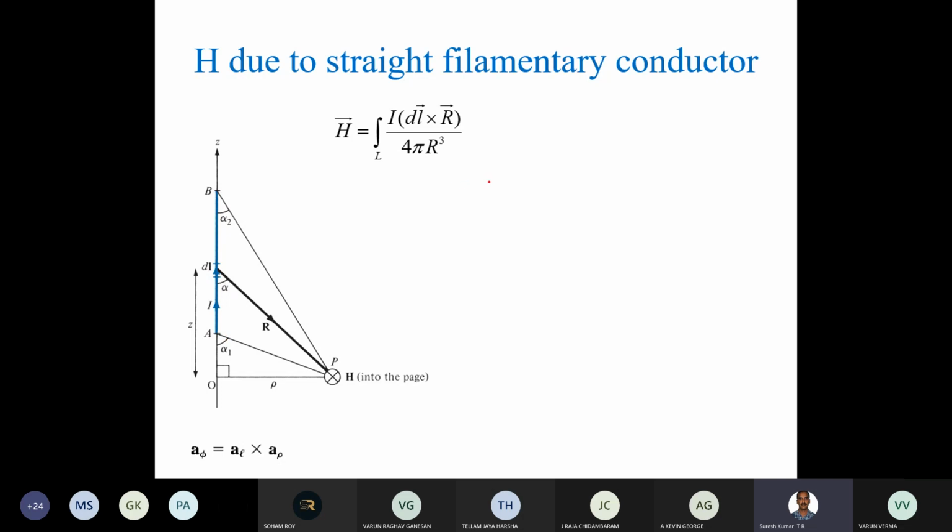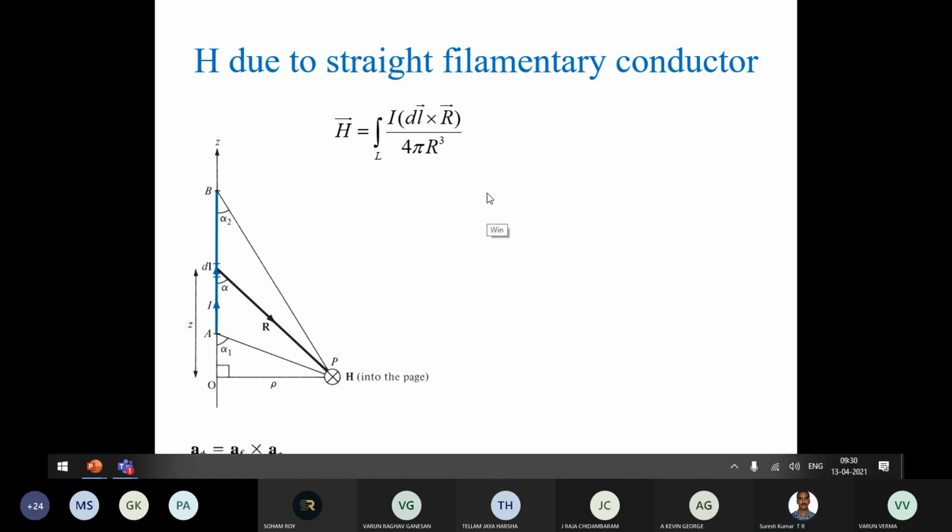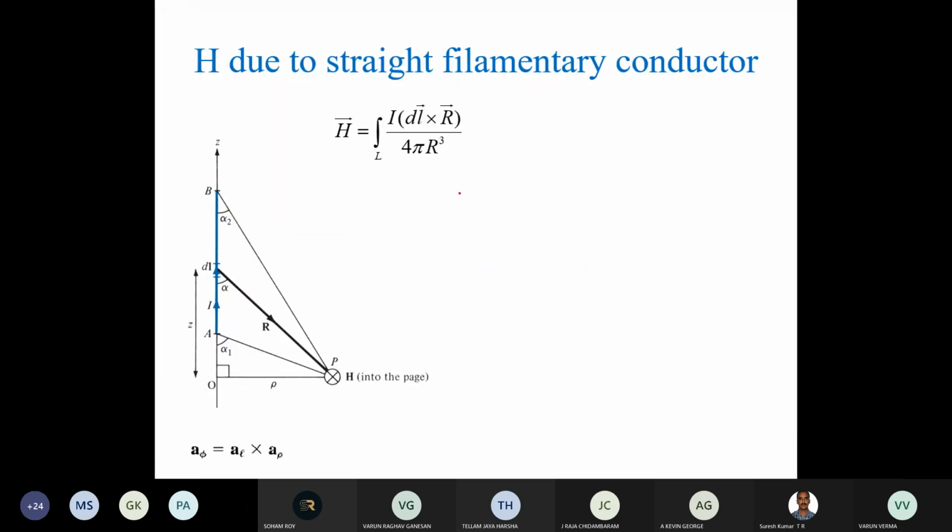Now let us start. First, what do you need to find? dl vector. What is the dl vector in this problem? You can't keep dl as dl.